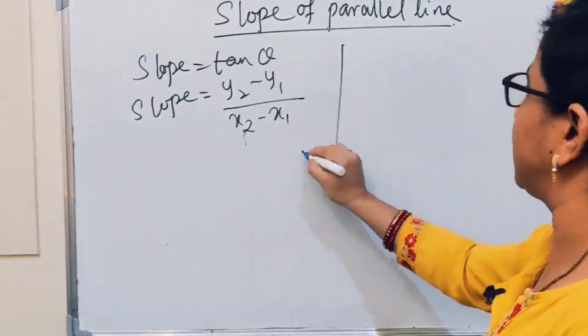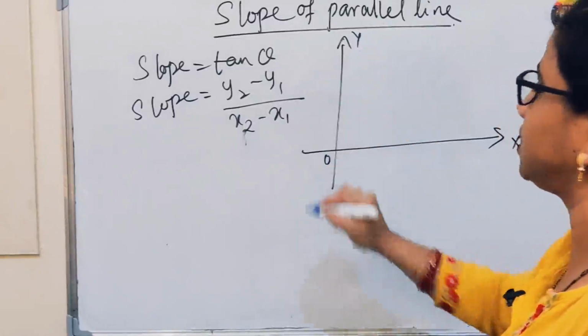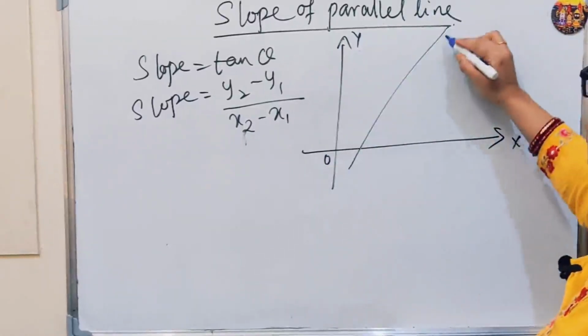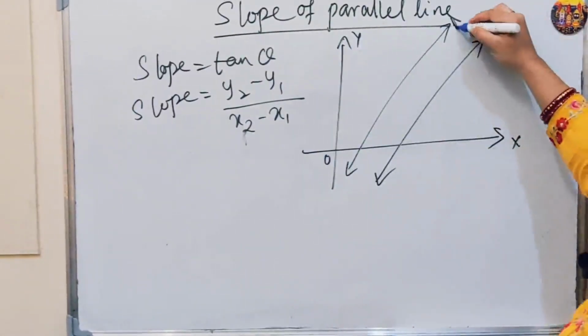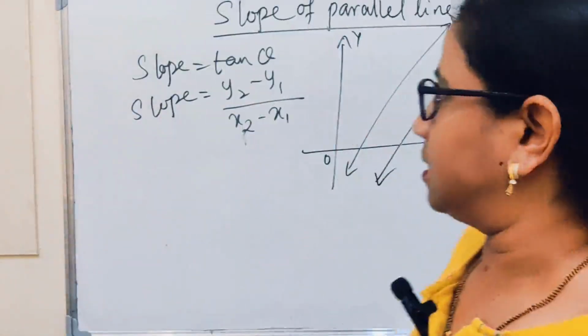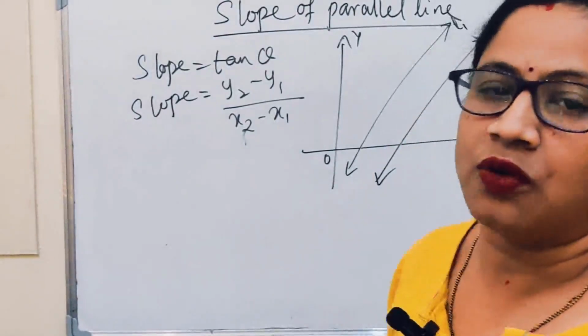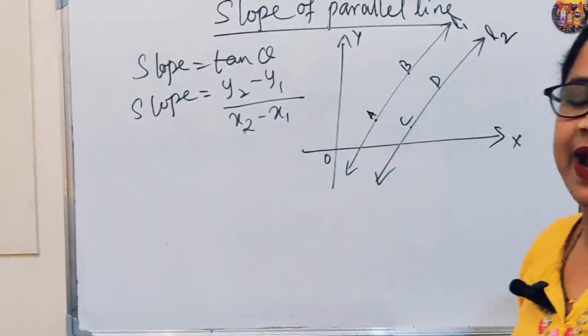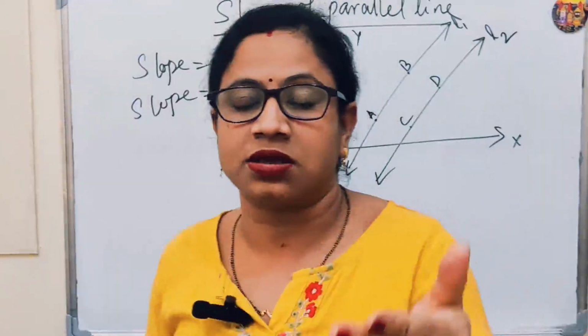If this is my Cartesian plane, this is the x-axis, this is the y-axis, this is the origin. If two lines are drawn parallel, let these be L1 and L2, two lines parallel to each other. Then the slope of L1 is equal to the slope of L2. Let points A and B be on L1 and C and D be points on L2.